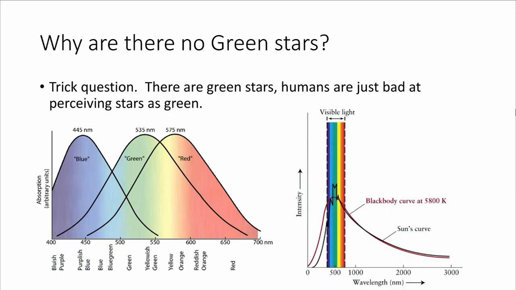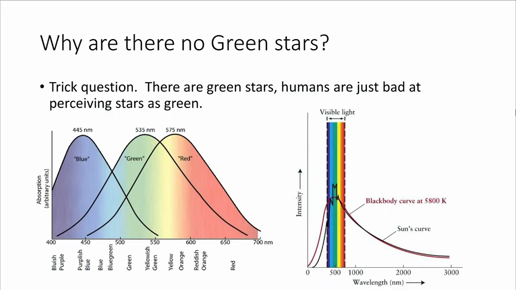So stars are black bodies, so they're going to emit light at all of the different wavelength ranges. So, for example, a green star is going to emit light that will peak in the green, but it will emit light in red and blue also.